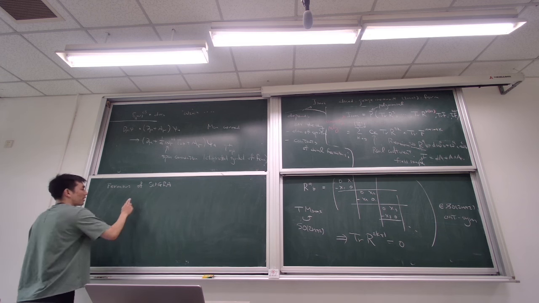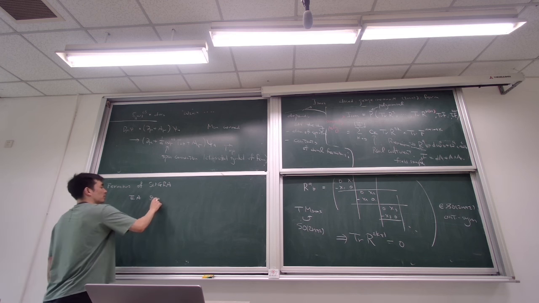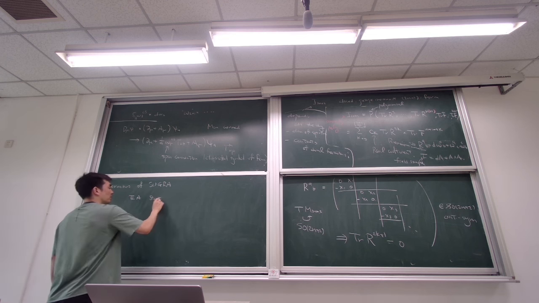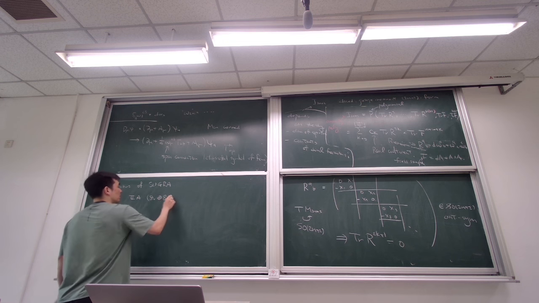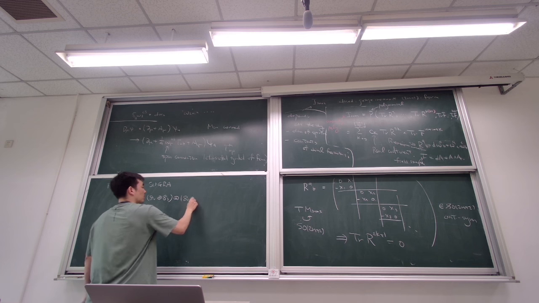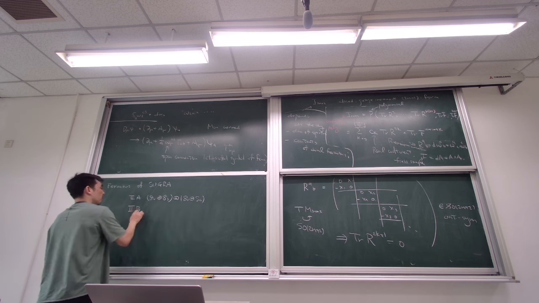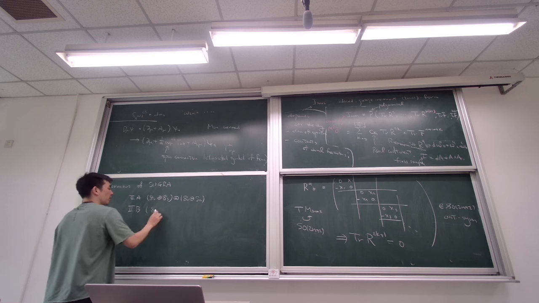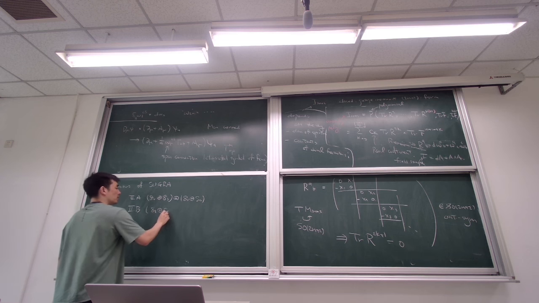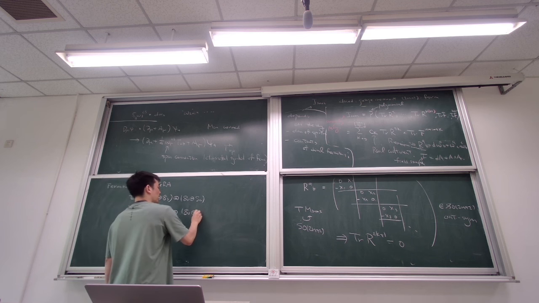What we have encountered is type 2A, which is 8B cross 8, plus 8S cross 8B plus 8C, and type 2B, which is 8B plus 8S plus 8B plus 8S.